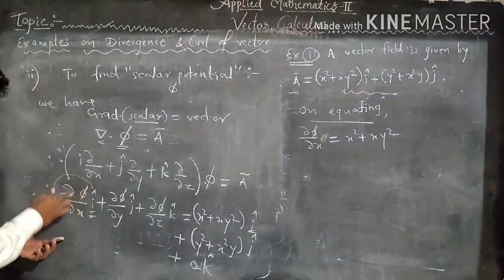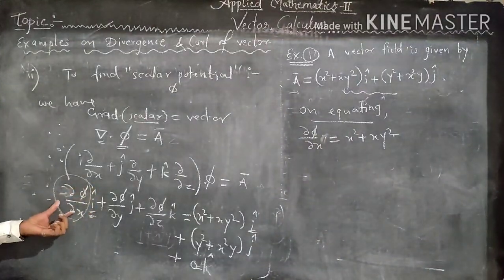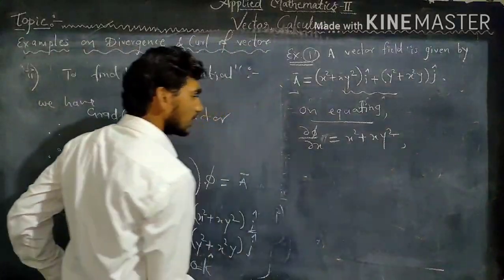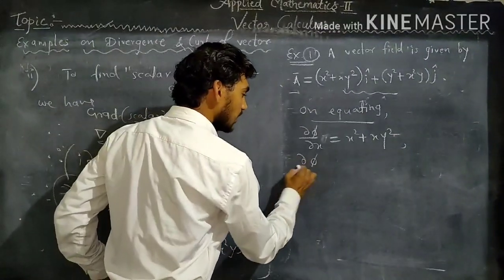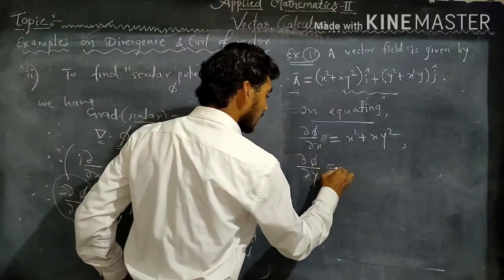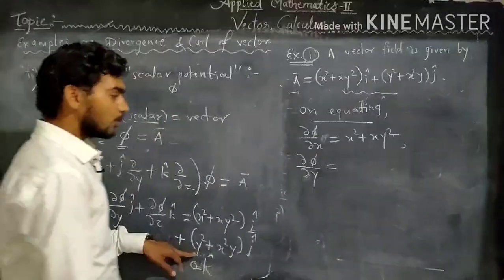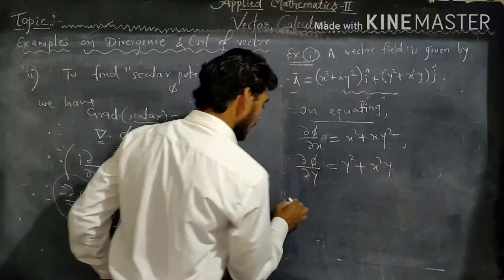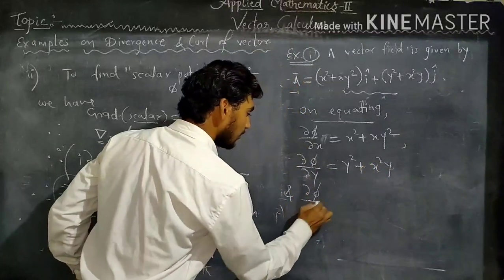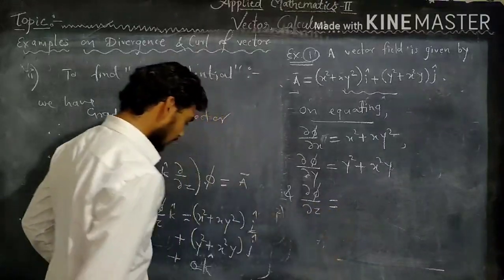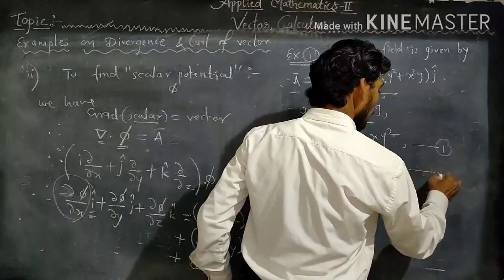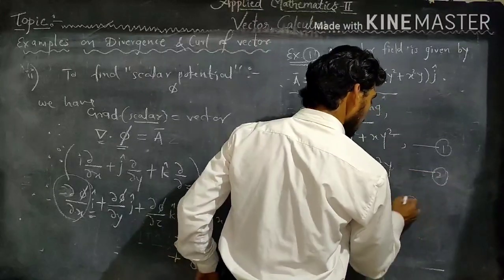So we get del phi by del x equal to this. Similarly, equating coefficient of j, we will get del phi by del y equal to y square plus x square y, and del phi by del z, it is equal to 0. Say equation number 1, 2 and 3.